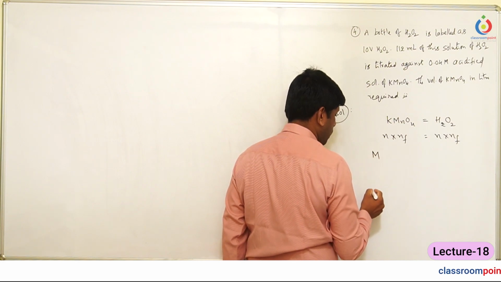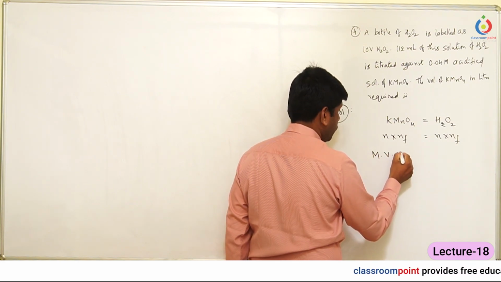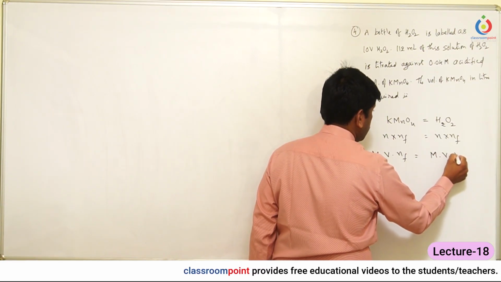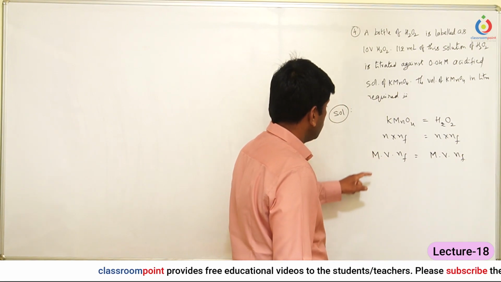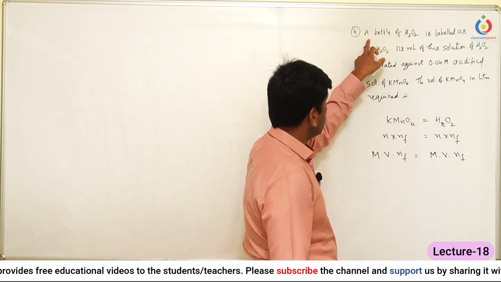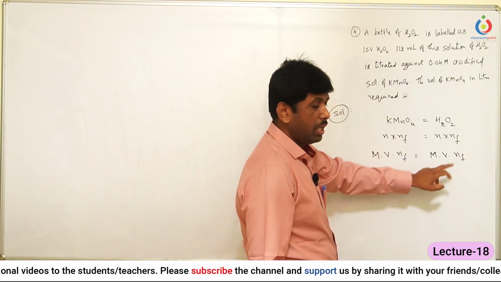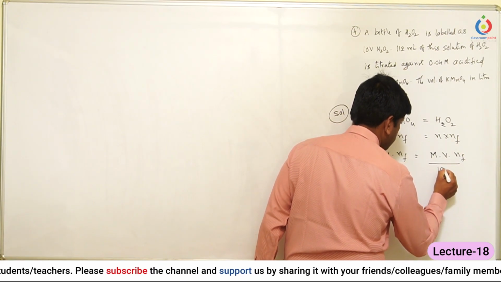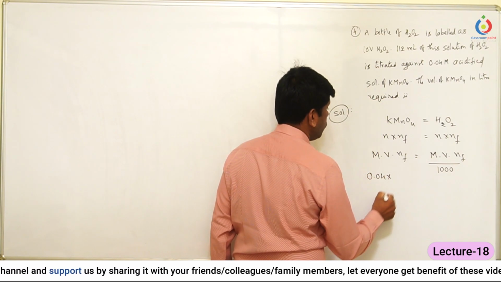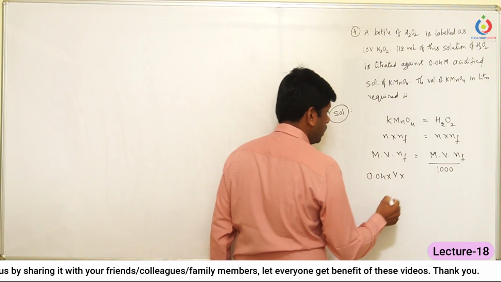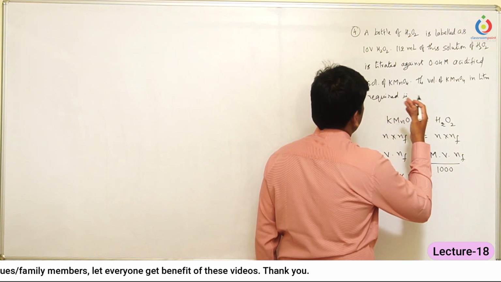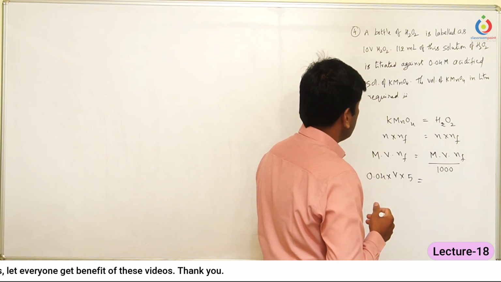So let us convert the number of moles into molarity into volume into n factor, equals molarity into volume into n factor of H2O2. The molarity value is given. They are asking the volume in liters, while the value here is given in milliliters, so it has to be divided by 1000. Now let us substitute these values: 0.04 into volume of KMnO4 to be calculated, n factor of KMnO4 equals 5, and the molarity of H2O2 is not given.